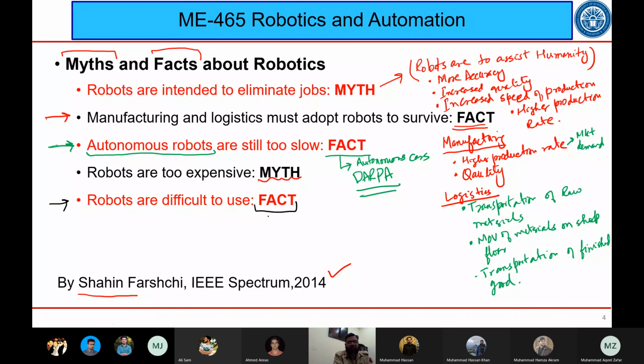So what you need to have is the technology plus handling of robots.